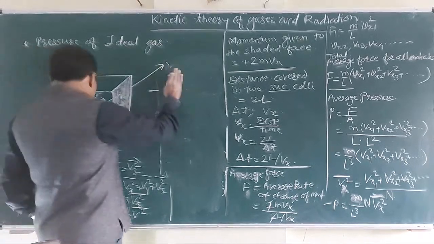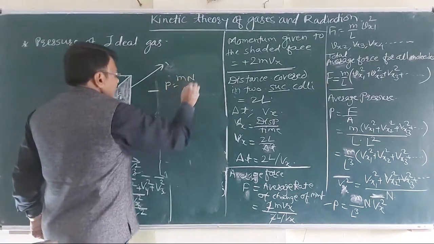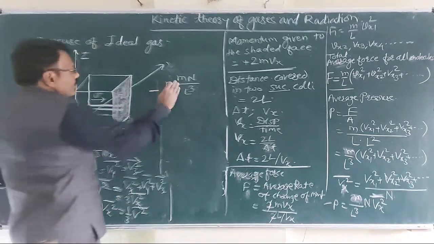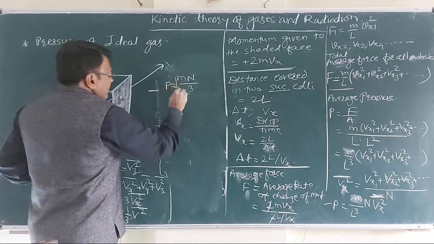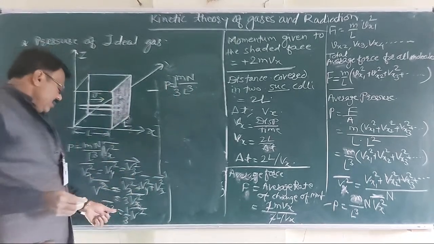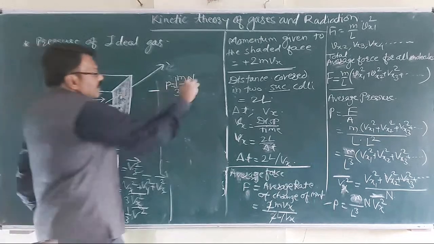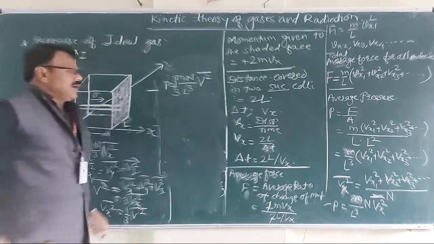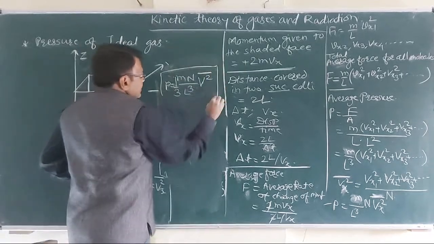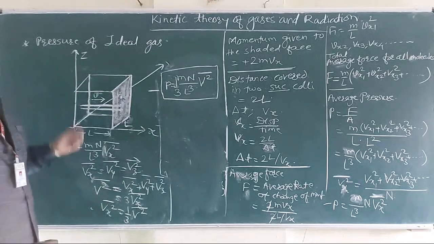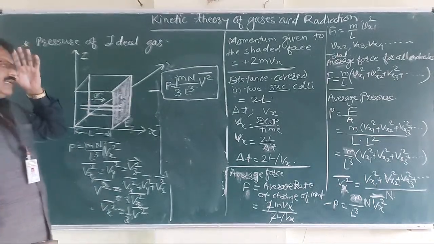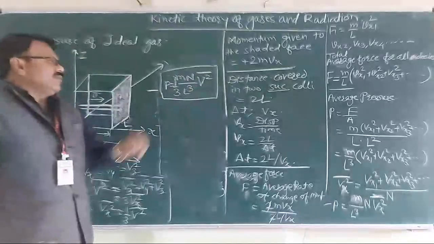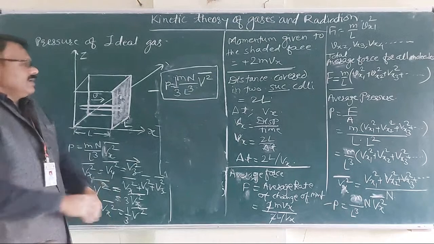Therefore it is equal to 1 by 3 mn upon L cube into V square bar, and this is the pressure exerted by the gas when it is enclosed in a container. It is 1 by 3 mn into V square bar upon L cube.